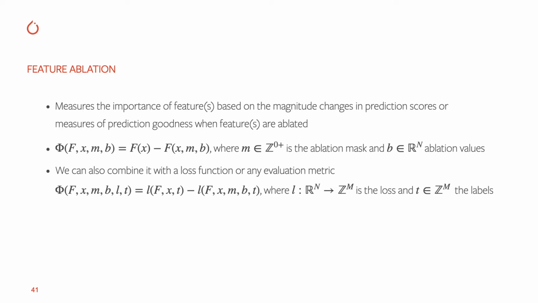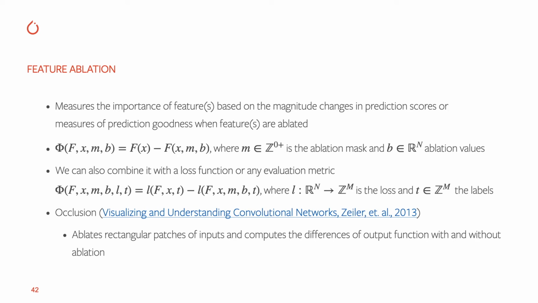In this case, feature importance for dataset X is defined as the difference of our loss function L without and with feature ablation. As a loss function, we can use accuracy, mean squared error, or any other metric that we desire.